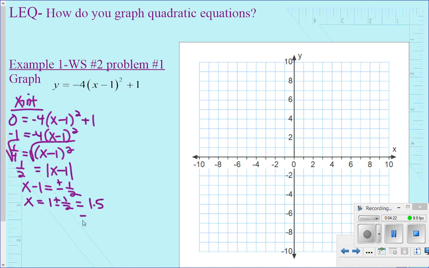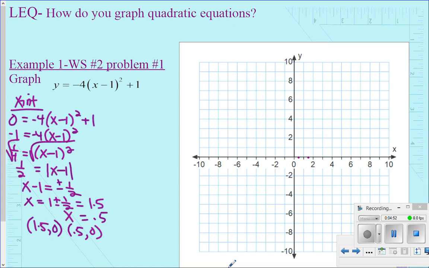And 1 minus 1/2 gives me 1/2. So writing those as coordinate points, (1.5, 0) and (0.5, 0) or (1/2, 0). So if you didn't already make a coordinate plane, go ahead and do that and plot the x-intercepts, (1.5, 0) and (1/2, 0).